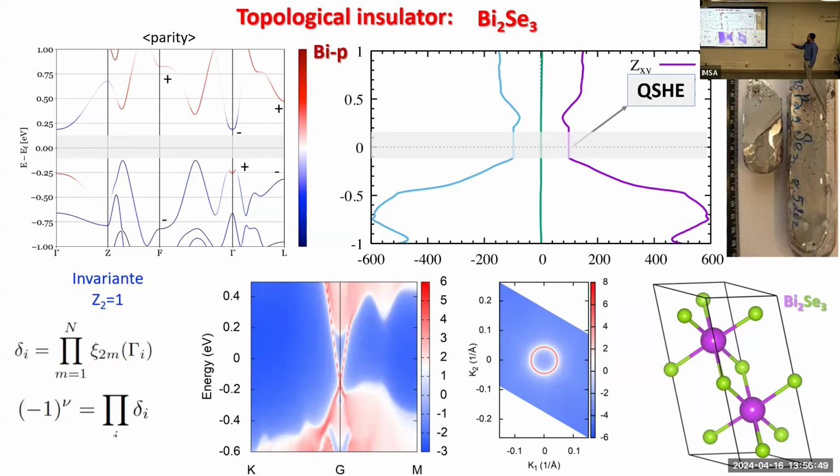And also, if we calculate the quantum spin-Hall effect, we have a signal inside the bandgap. Another way to characterize the topological state is to plot the surface state, like we have here in this plot. Bismuth selenide or bismuth telluride are examples of topological insulator materials.